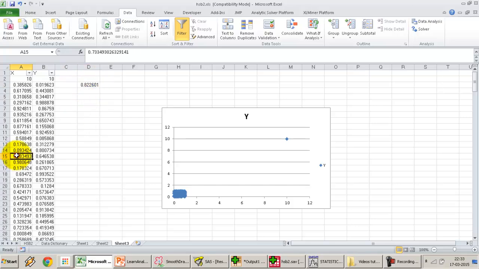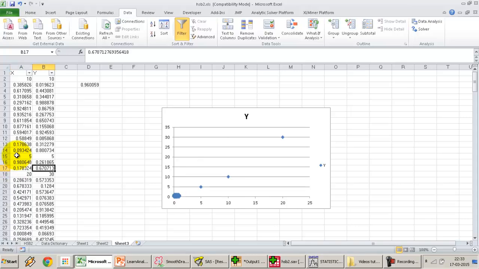And this will get even more extreme if I introduce more outliers, like 5 and 50, 5 and 5, and let's say 20 and 30. Now the correlation keeps jumping up, and you start getting a correlation which approaches 0.99 very quickly, and you will then start imagining that x and y are in fact perfect functions of each other.